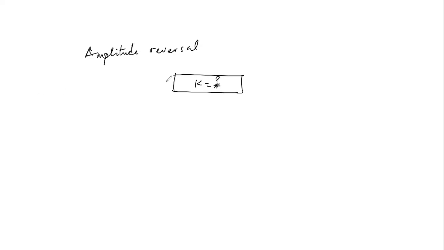If we have a signal at the input, say s of t, then at the output we expect to get some value y of t being the same as k times s of t. Once this operation is performed, we see that this parameter k performs some level of amplitude reversal.